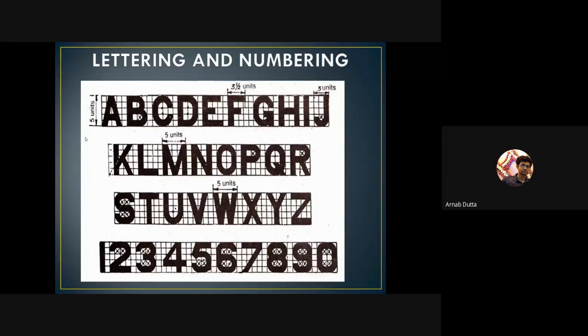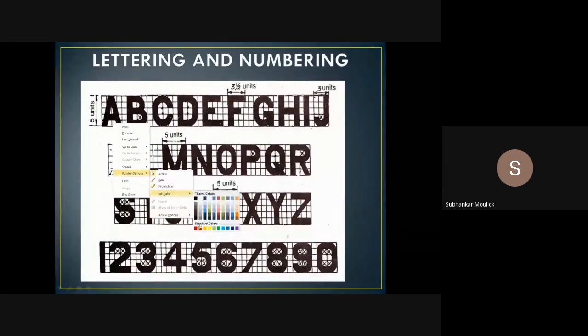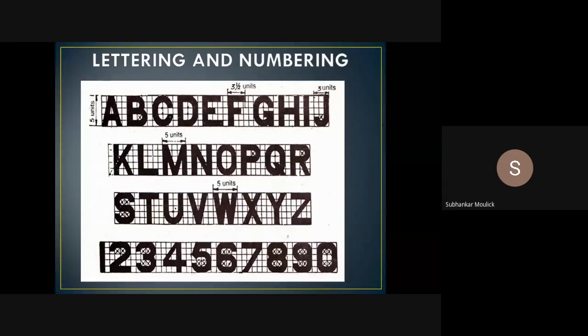Yes, sir. Okay. So each letter or each number has a vertical height of how much? 5 mm. Fine. And if you see the length, say if I talk about A, the length of A is how much?